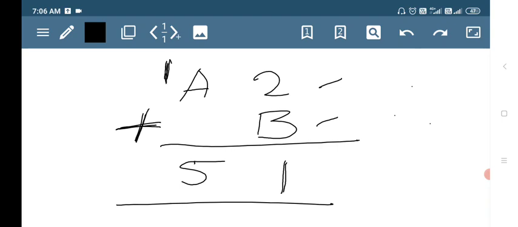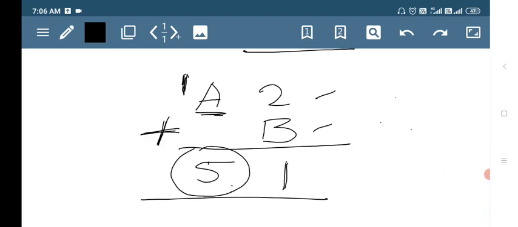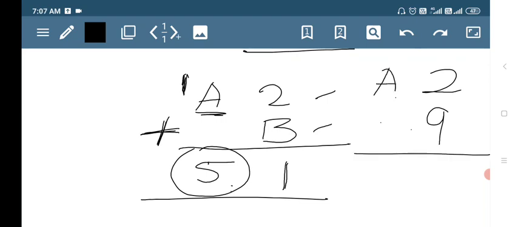So, carry 1 plus A is equal to 5. What is the value of A then? Yes, it is 4. Let us check. First I am taking the value of B as 9. 2 plus 9 is 11, carry 1.